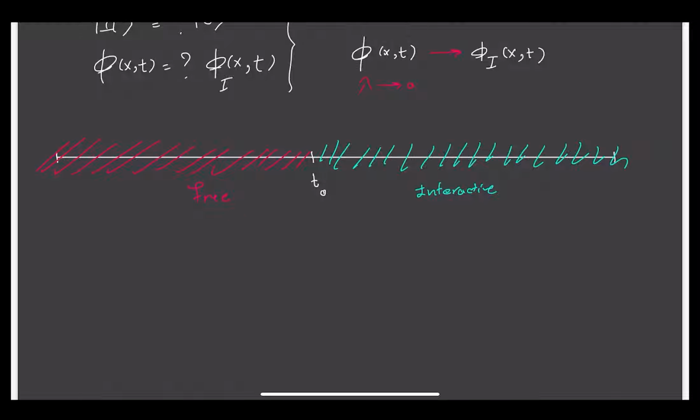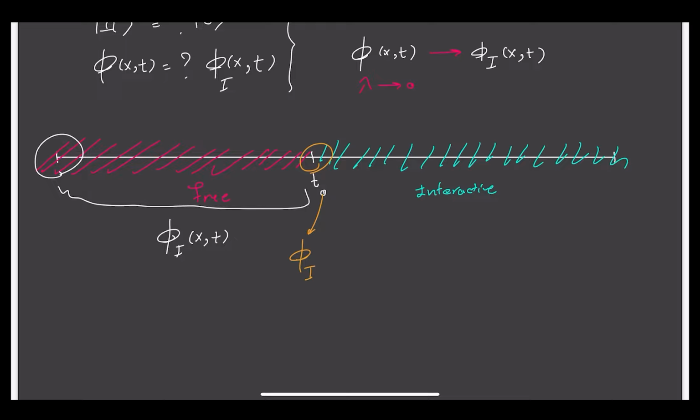So the point is that when I start from minus infinity, what we know here is that this part is equal to phi I of x and t. And let's say at this point, I'm going to have phi I of x and t0. And what I want to find is, what is my phi of x and t?